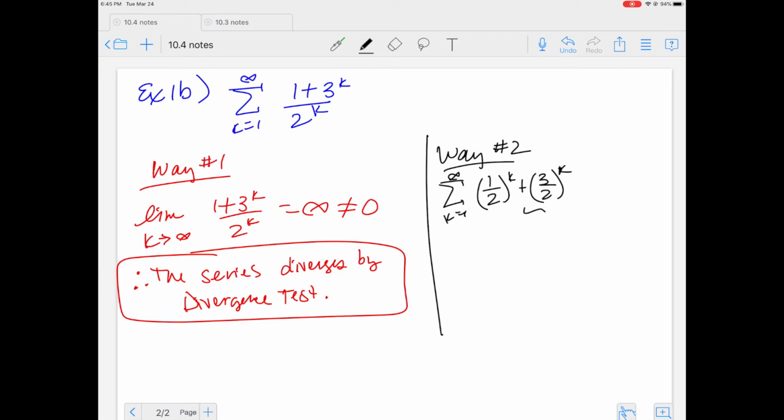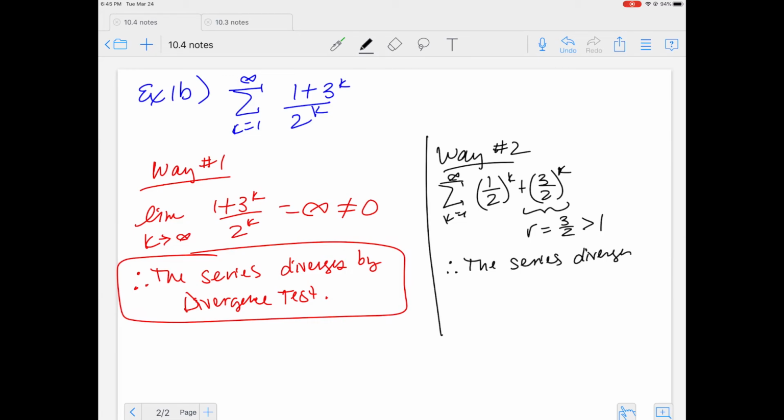And for this part right here, I can say in this geometric series, r is equal to 3/2, which is greater than 1. Therefore, the series diverges by geometric series. I should write "on" in here because r is greater than 1.